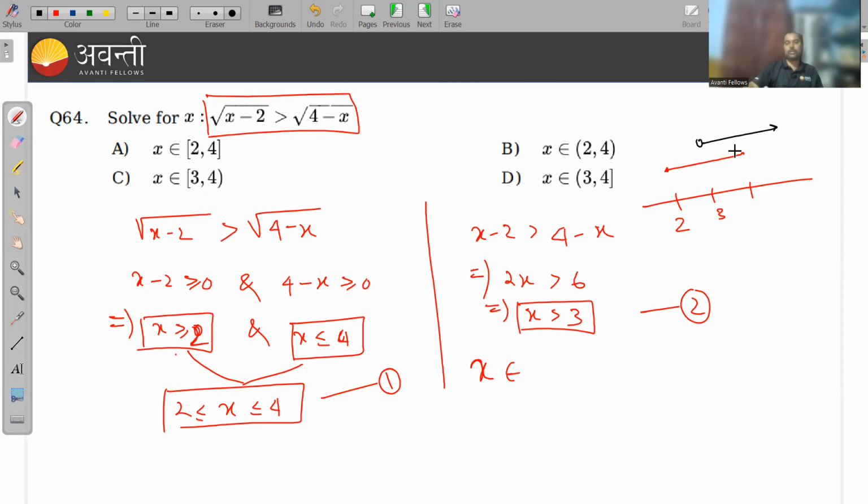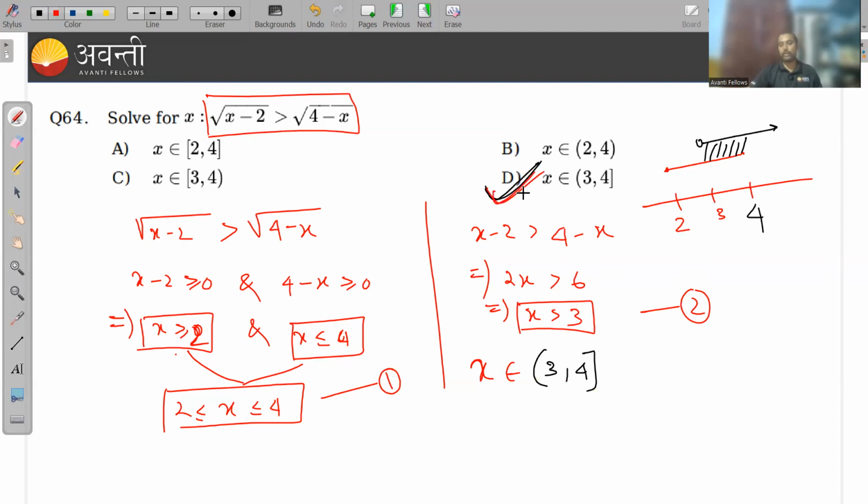Now, the intersection region is this. So the solution set will be 3 to 4, right? 3 is excluded and 4 is included. 3 to 4 is your correct answer. Option D is the correct answer, right? Option D is correct.